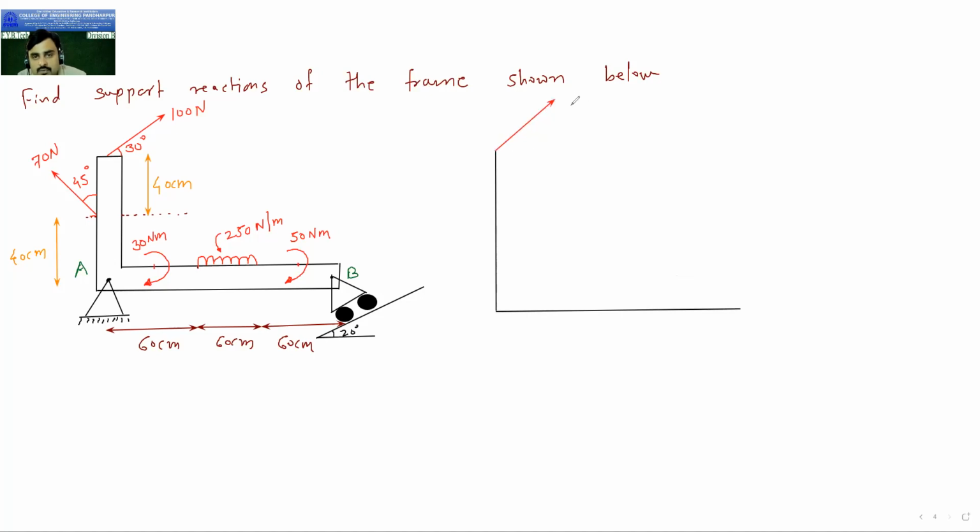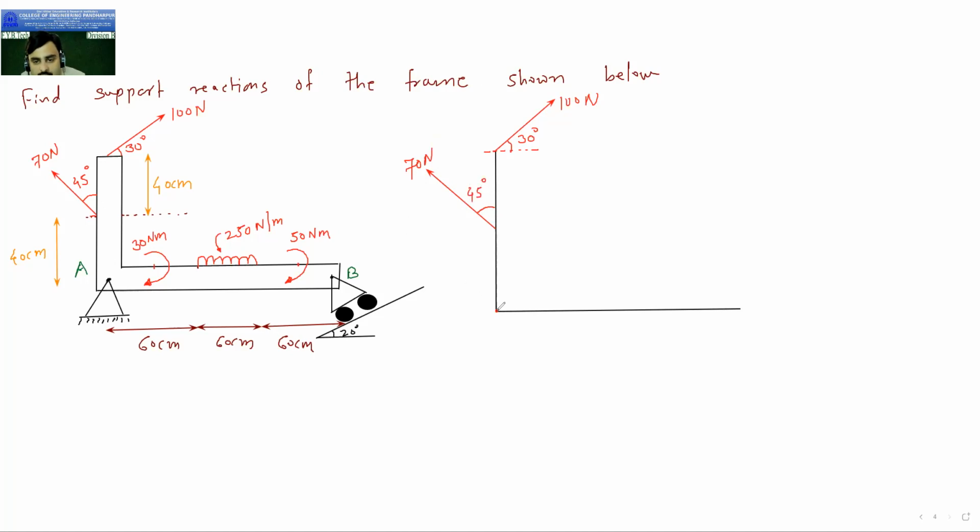This load is of 100 Newton, and if you draw the horizontal line, the angle with horizontal here is 30 degree. Then the next load is given somewhere at the middle. The intensity of this is 70 Newton, and this angle with vertical is 45 degree.